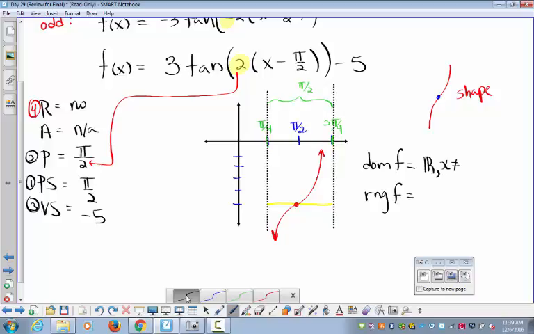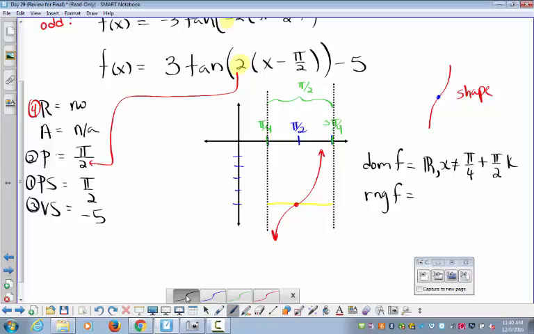Okay. Domain, it wants to be all reals, but there's these pesky asymptotes. X cannot be an asymptote, so x cannot be equal to pi over 4. Yep, exactly. Pi over 4 plus pi over 2k. So that pi over 2k, that's the distance between consecutive asymptotes. And for a tan or a cotan, that also matches exactly the period.